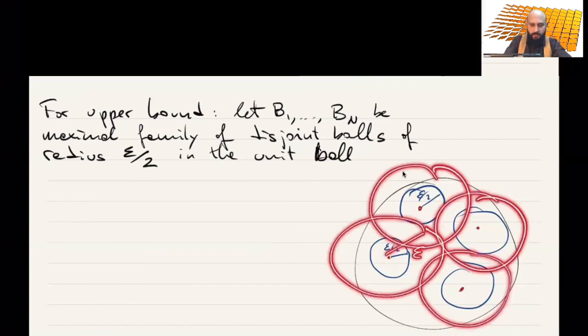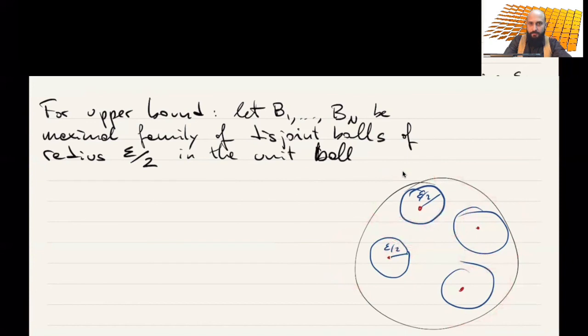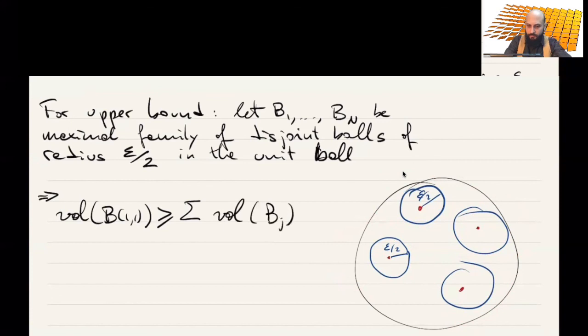We are just saying that the volume of B_1 is less than the sum of the volumes of the balls, which are n of them, and all of them have the same volume, which is the radius to the fourth times the volume of the ball of radius 1.